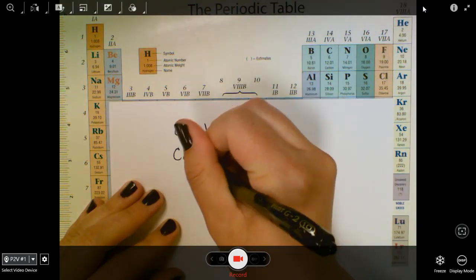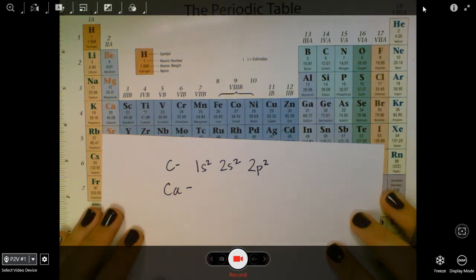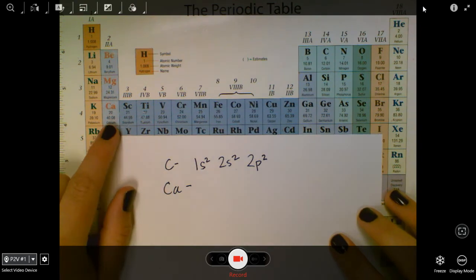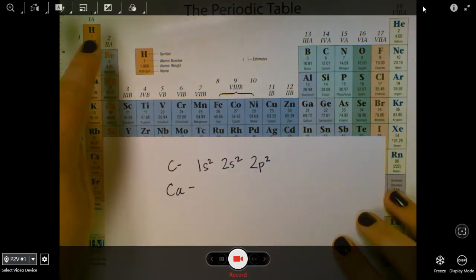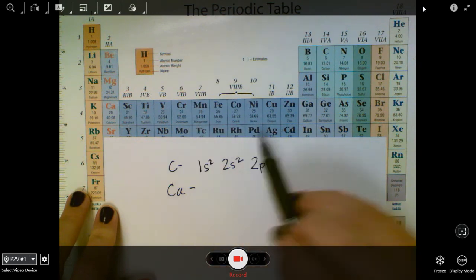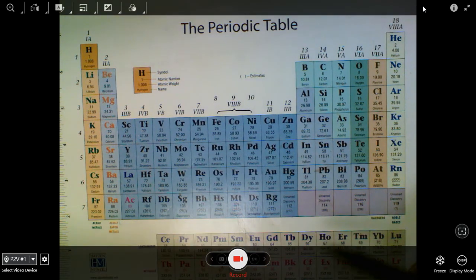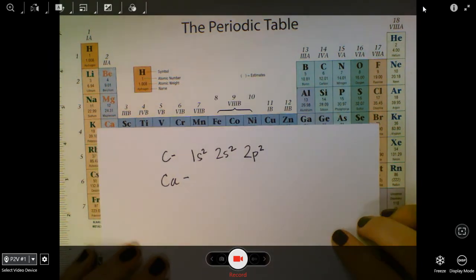Calcium is the next one. We are going to find calcium on the periodic table, and we recognize hopefully that this whole first set of columns is our S block, this is our D block, and our P block. We don't have to deal with this F block down at the bottom yet, but that's coming.